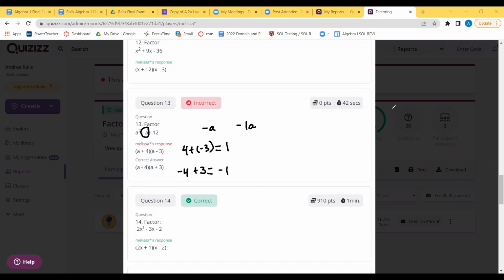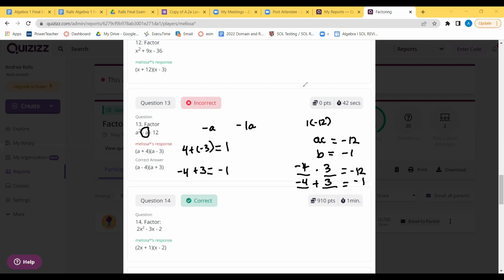Remember, when you are factoring this way, you need factors of AC, which is 1 times negative 12, that will add to give you the coefficient B, which is negative 1. So you need factors of negative 12 that add to give you negative 1, and those factors would be negative 4 and 3.